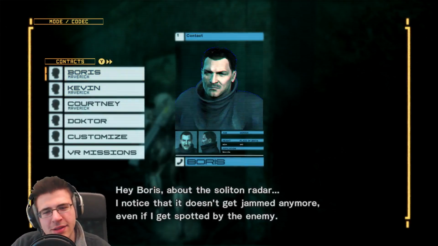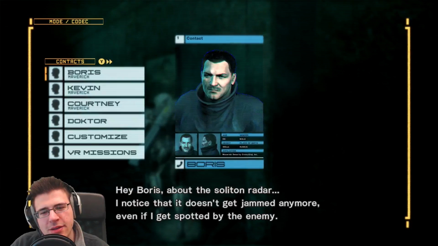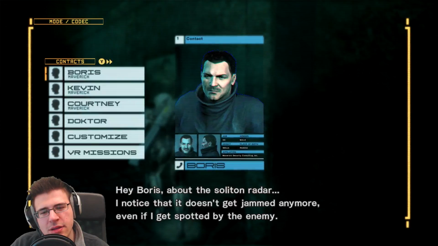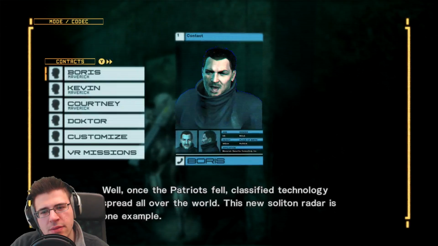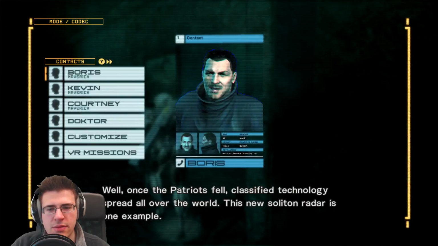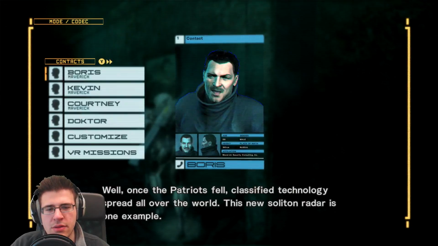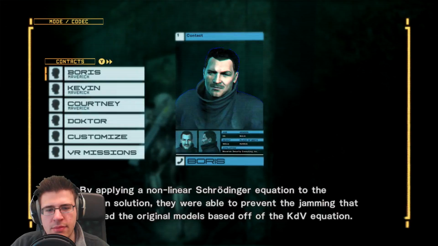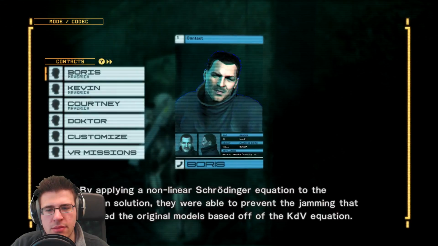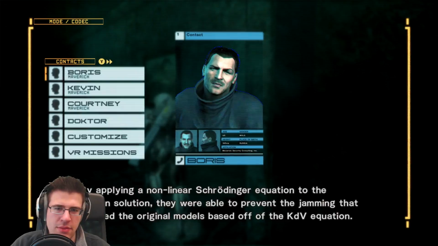Hey, Boris. About the Soliton radar. I noticed that it doesn't get jammed anymore, even if I get spotted by the enemy. Back in the old days, it'd be useless the second an alarm was triggered. Well, once the Patriots fell, classified technology spread all over the world. This new soliton radar is one example. By applying a non-linear Schrödinger equation to the soliton solution, they were able to prevent the jamming that plagued the original models based off the KDV equation.